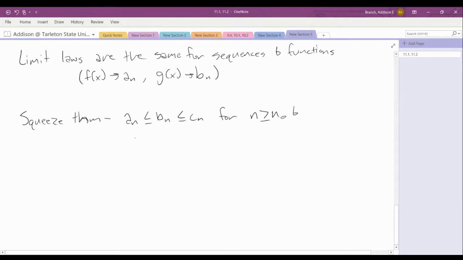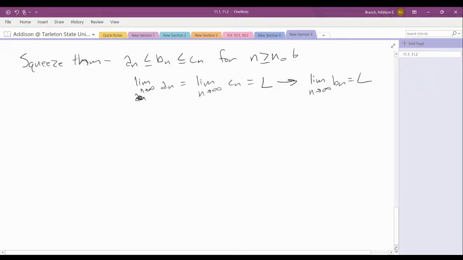And if our limit as n approaches infinity of a sub n is equal to our limit as n approaches infinity of c sub n, and both of those are equal to L, then our limit as n approaches infinity of b is also equal to L. So that's something you could see when you're trying to solve for convergence and divergence.